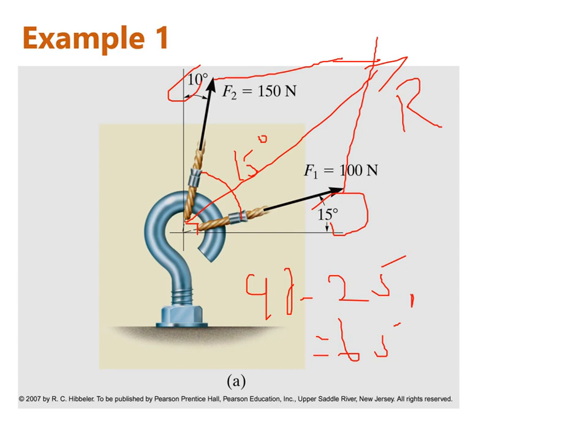So what else can we get? So this is going to be 65.